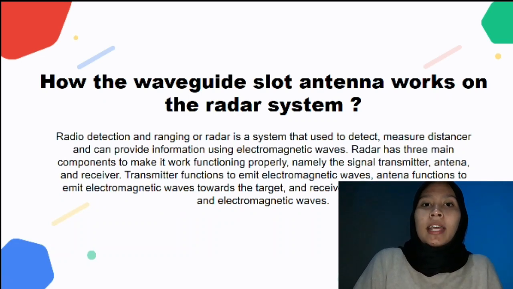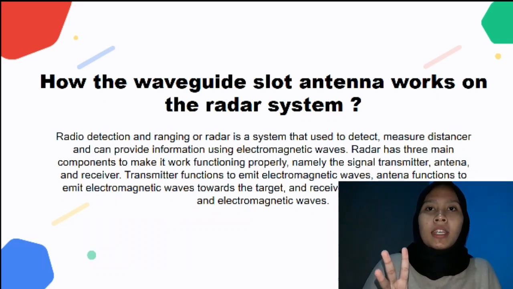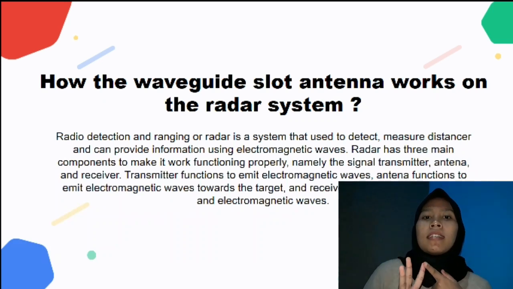Radio detection and ranging, or radar, is a system used to detect, measure distance, and provide information using electromagnetic waves. Radar has 3 main components to function properly, namely the signal transmitter, antenna, and receiver.